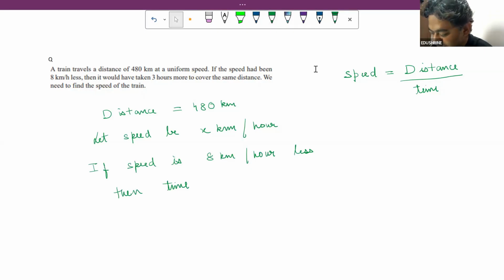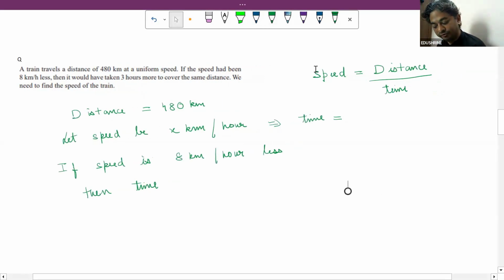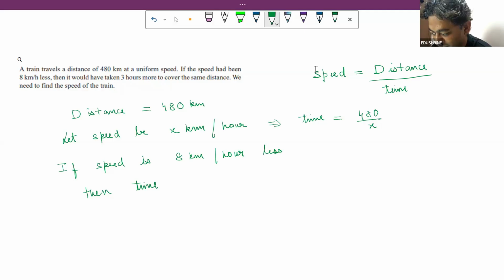First of all, in this case, what would be time? You can see the distance is 480, speed is x, so time will be 480 by x. A lot of you have given me this formula also, very good. Now since time has increased by 3 hours, then time will be what, guys? It will be 480 by x plus 3 hours.